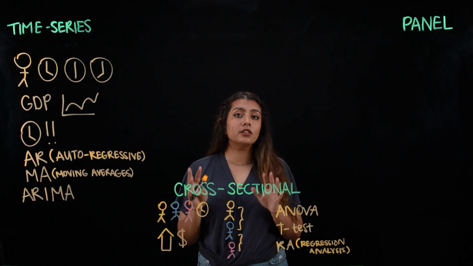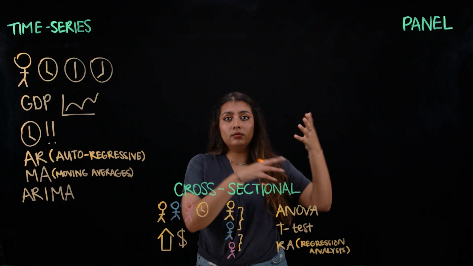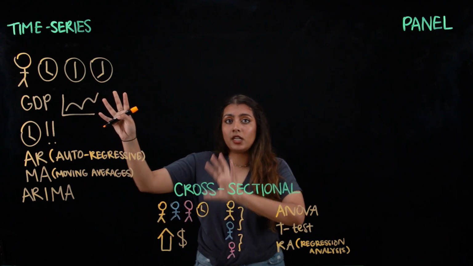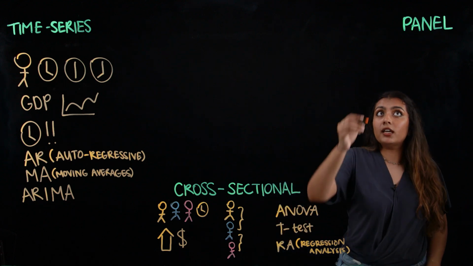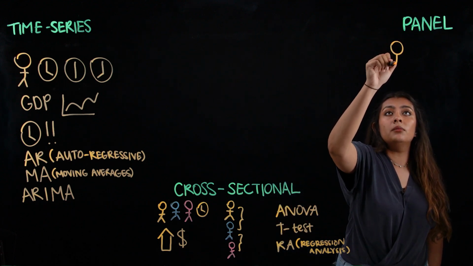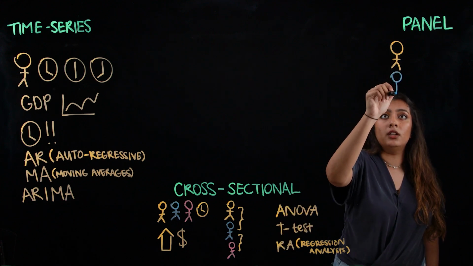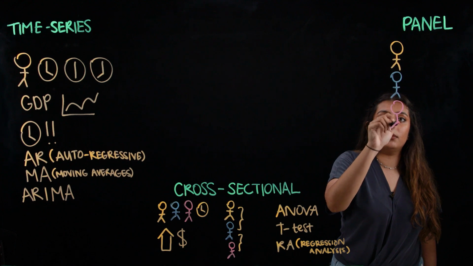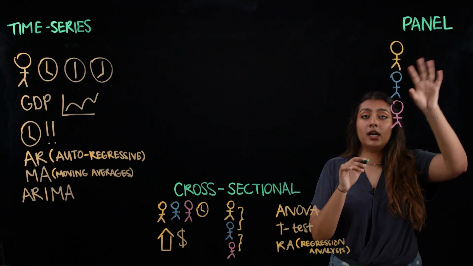So now our third and final type of data that we're going to talk about today is panel data. What is panel data? It's going to be a mixture of our time series and our cross-sectional data that we just talked about. What I mean by that is we have Bob, we have Joe, and we have Liz, and we're going to be looking at them all over multiple time periods.